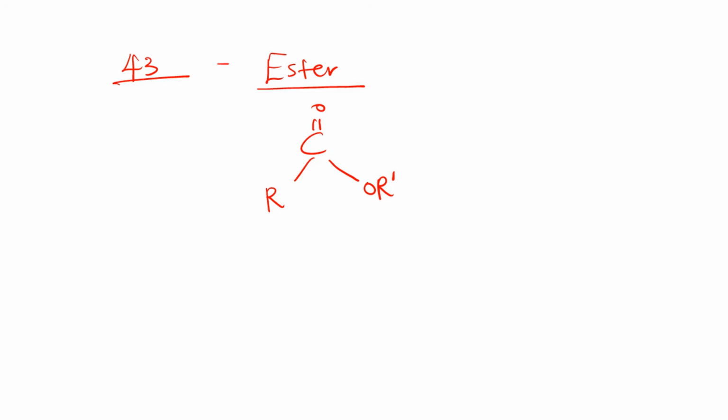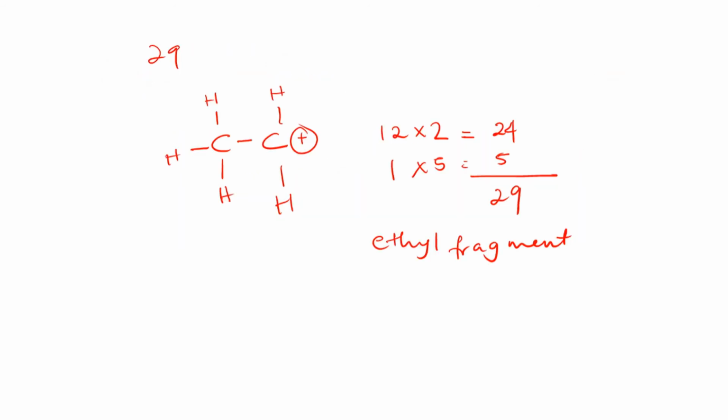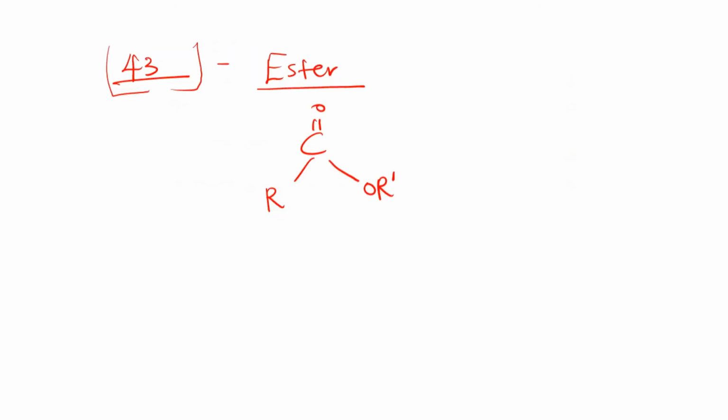So bearing in mind, this may be a trial and error thing to obtain what would equal 43 when you add all the RMMs of the atoms within the fragments, right? So let's do a trial and error. Say I combine the ethyl fragment, remember we're talking about that?